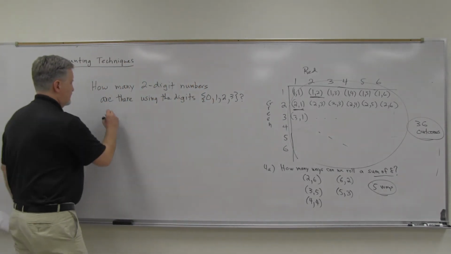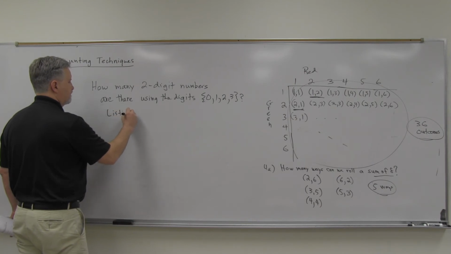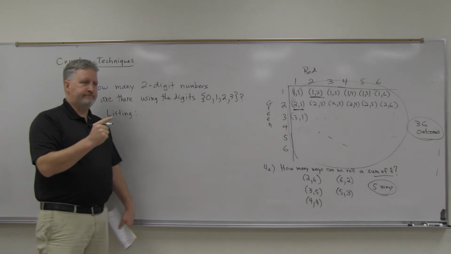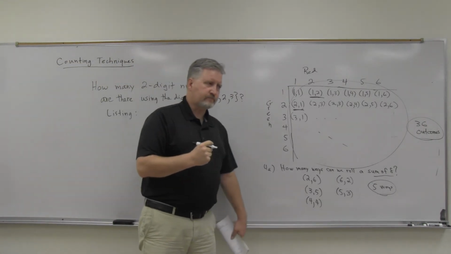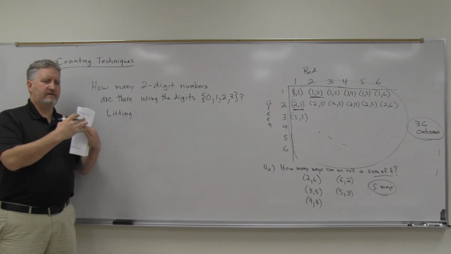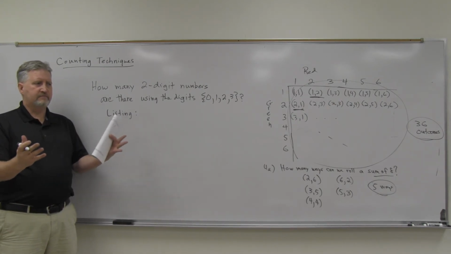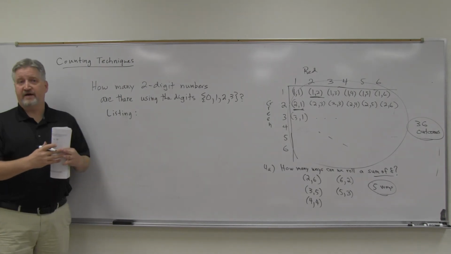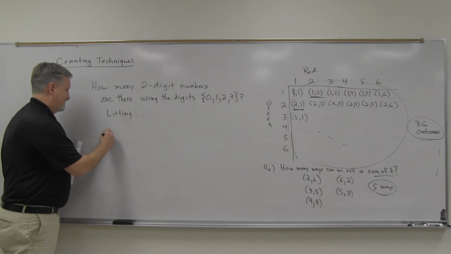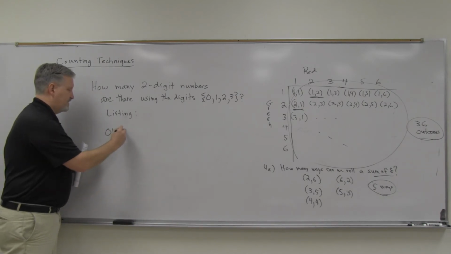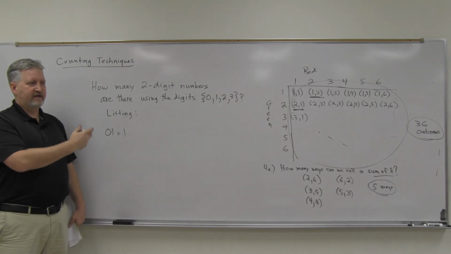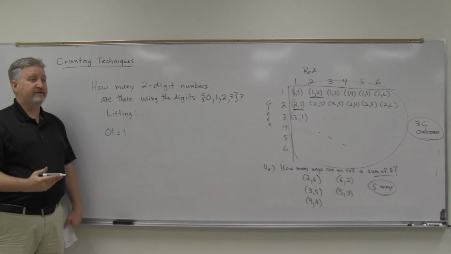All right, so again, we're just doing this by listing. The first thing to point out here, I want a 2-digit number, and that means a 2-digit number that doesn't reduce to another number. I'm not going to start here with 0, 1, because 0, 1 is technically just a 1-digit number, because the 0 doesn't count as a digit.